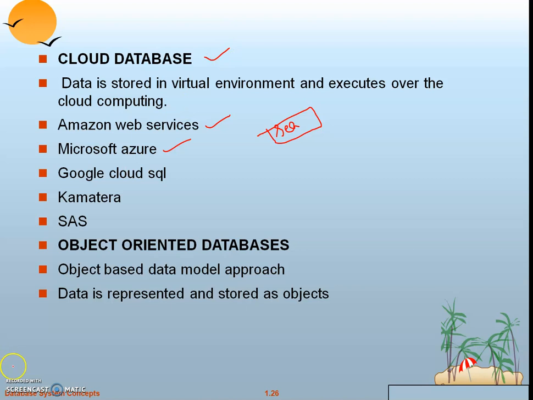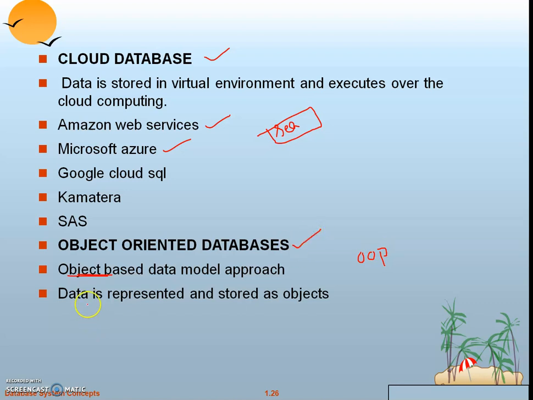Next one is the object-oriented database. Here, an object database or object-oriented database is a database management system in which the information is represented in the form of objects as used in object-oriented programming. You might have seen the OOPS concept in programming, so it is very similar to the OOPS concept in handling the database.